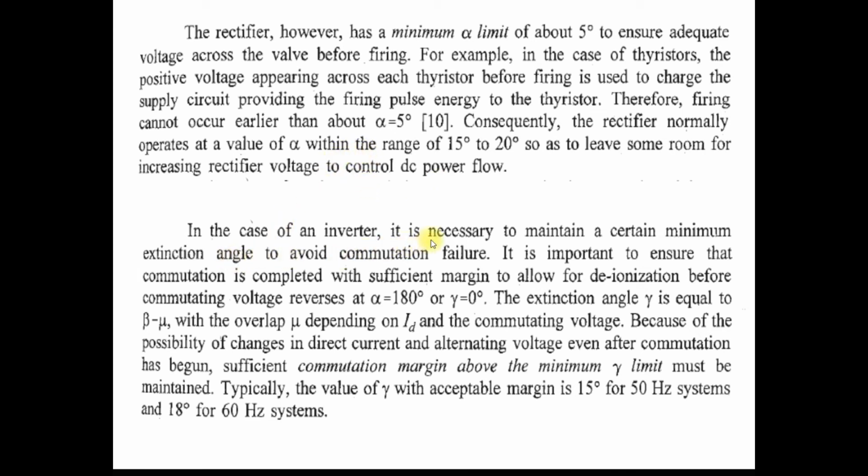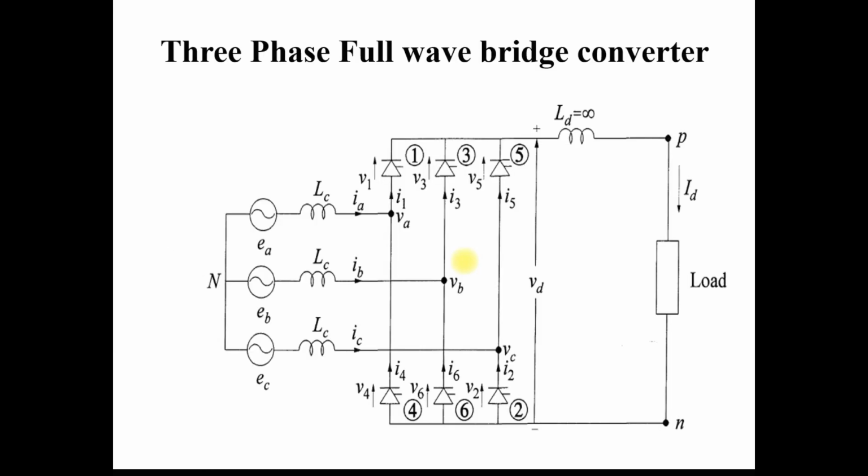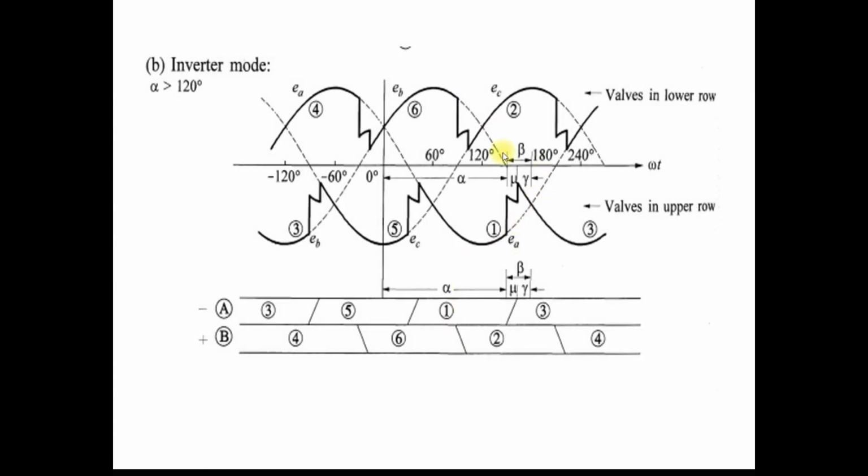In the same way, in the case of the inverter, it is necessary to maintain a certain minimum value of extinction angle to avoid commutation failure. As we know, what is the extinction angle? You can see in the circuit diagram, in the waveform of the inverter operation, this gamma is nothing but the extinction angle.